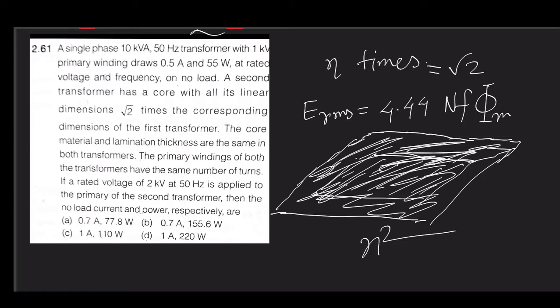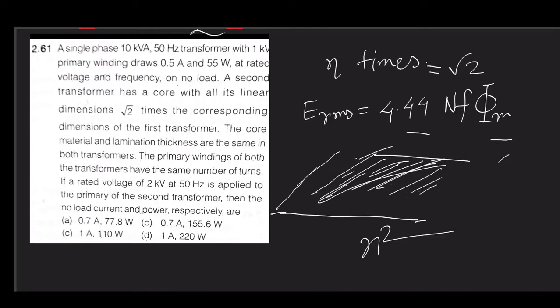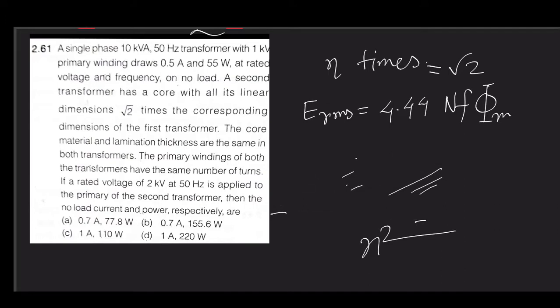So if there is an increase of n square, what would happen to the flux? The phi m will become twice, in case n is equal to root 2, your phi m will become twice the previous value, or the initial value, right?